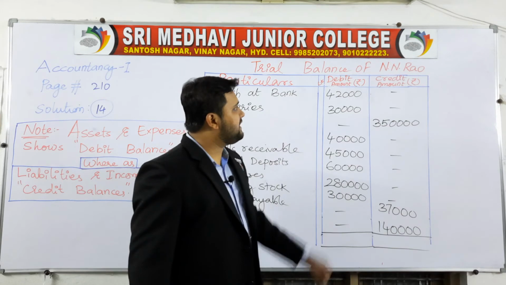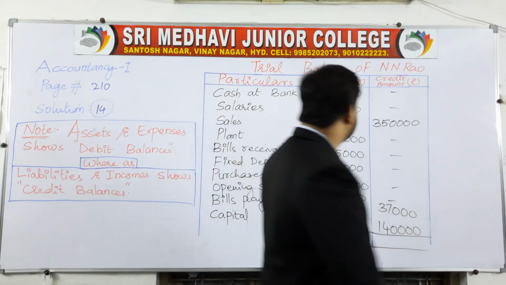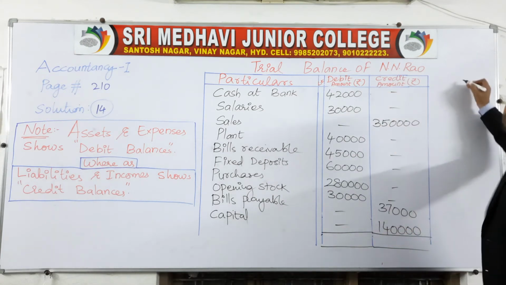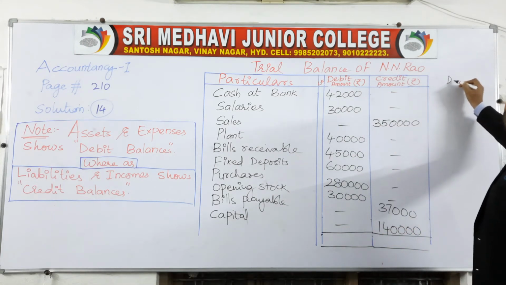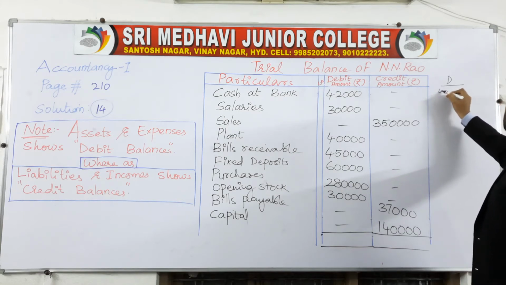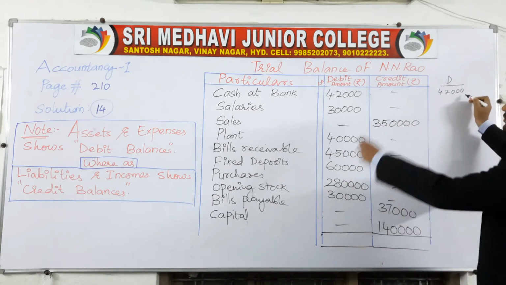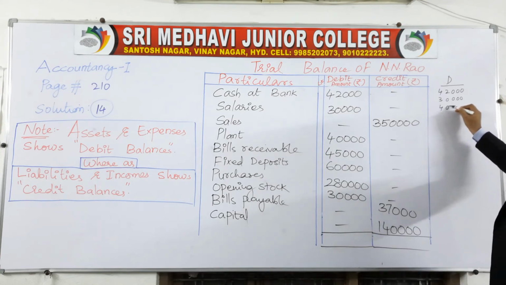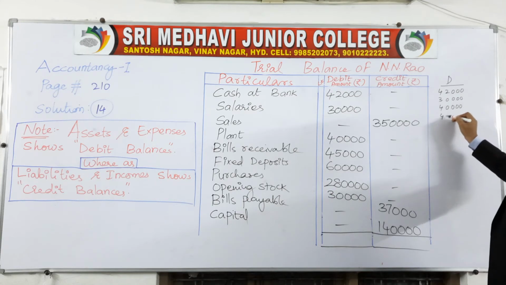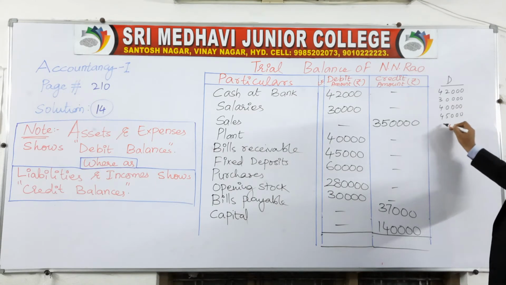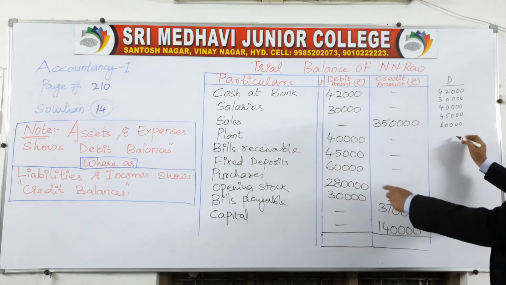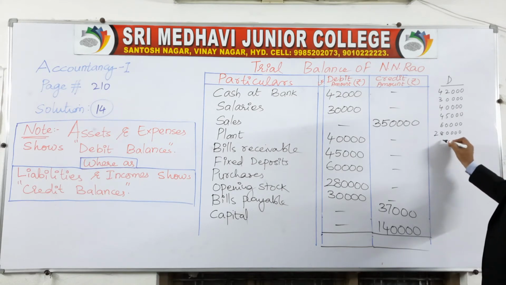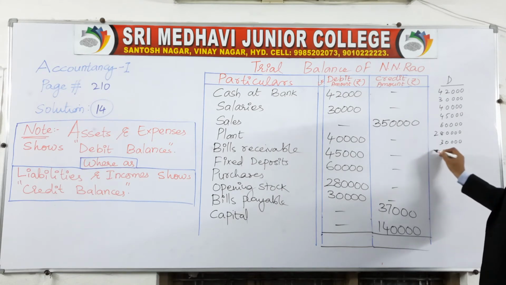Let's see the debit balance amounts: 42,000, 30,000, 40,000, 45,000, 60,000, 2,80,000 and 30,000.